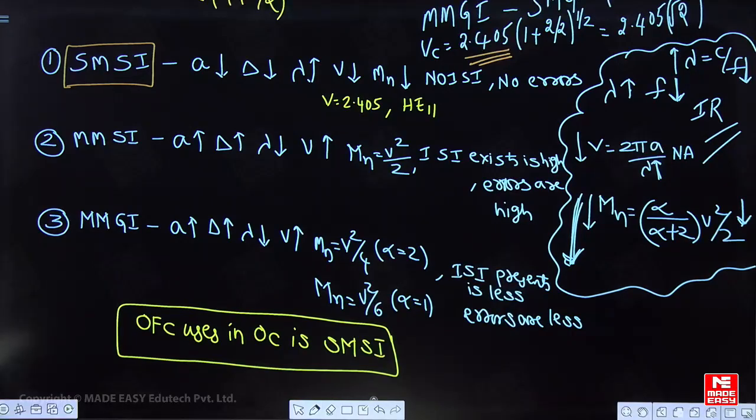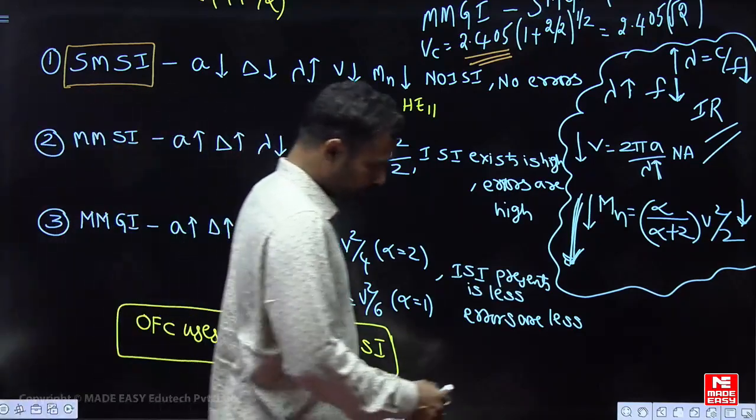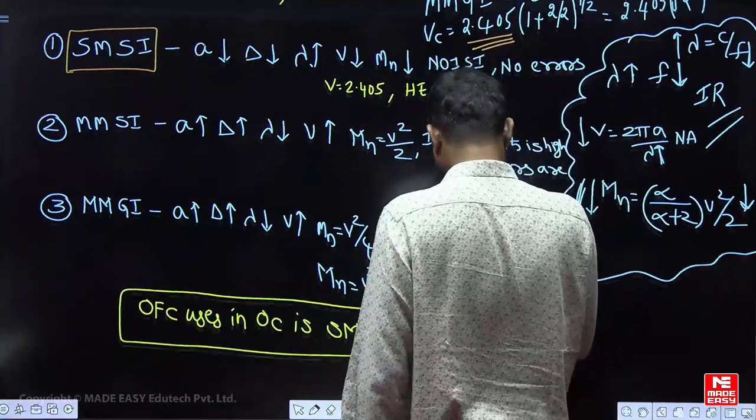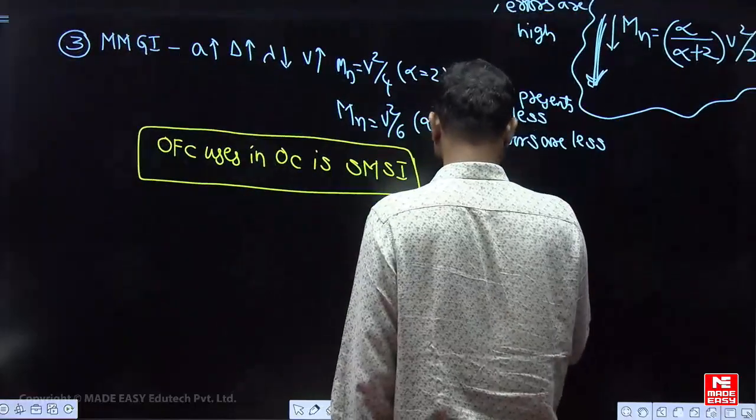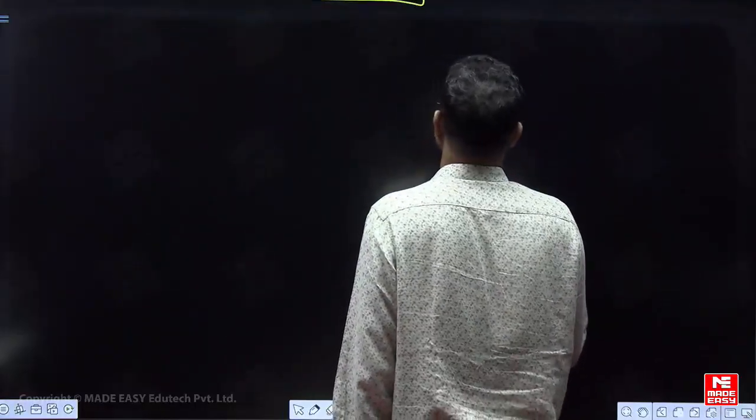Question number 1. The normalized frequency of a step index fiber is 28 at 1300 nanometers wavelength.